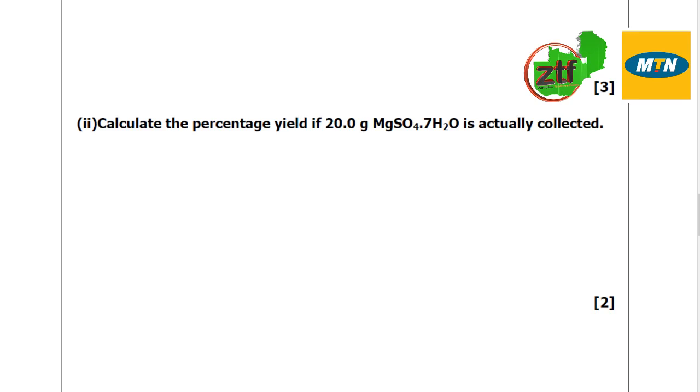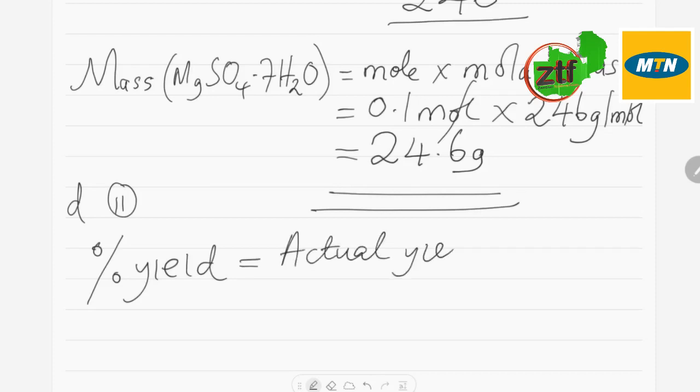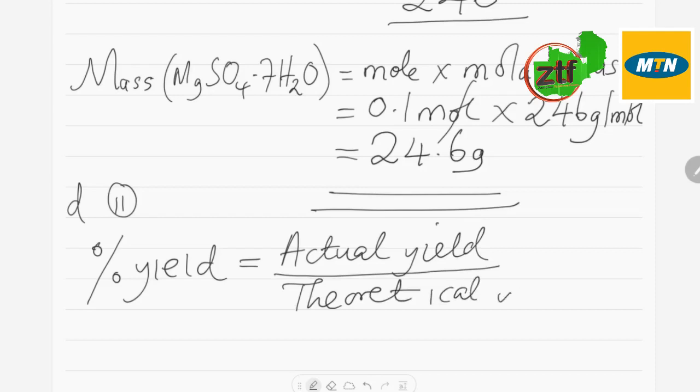Remember, percentage yield. So this is now D2. Percentage yield is equal to actual yield divided by theoretical yield times 100%.